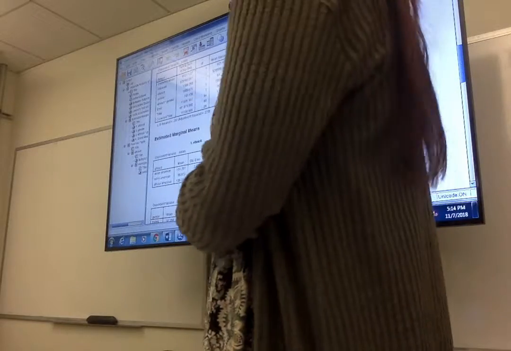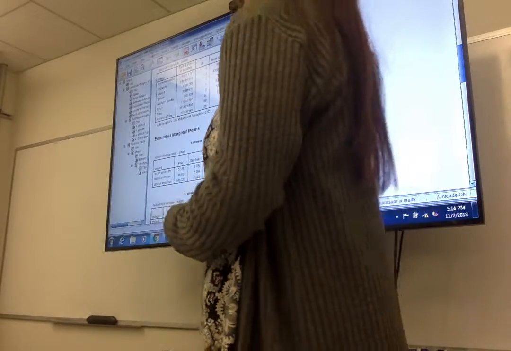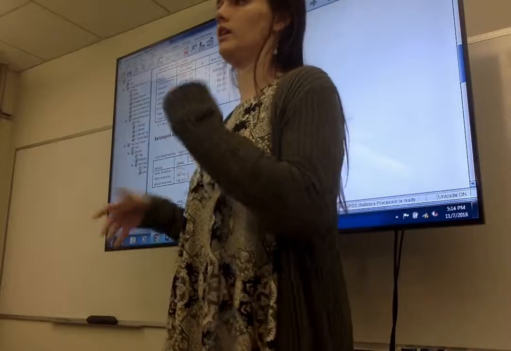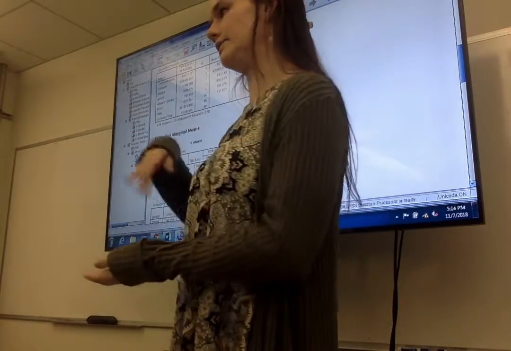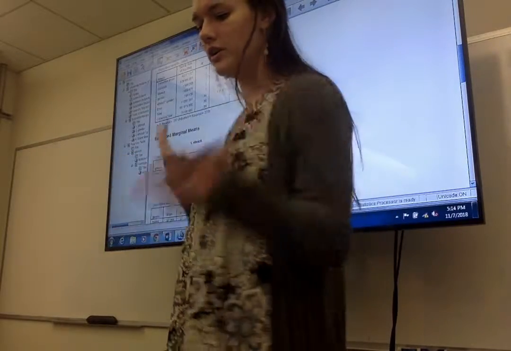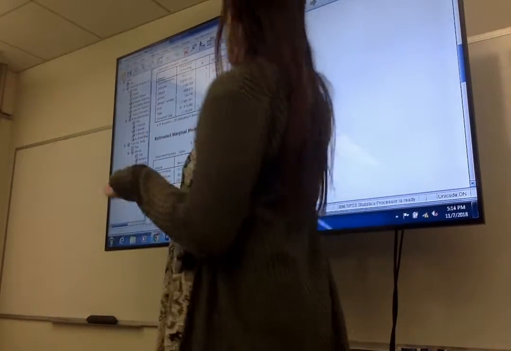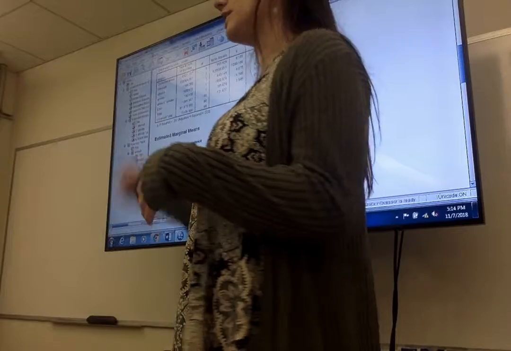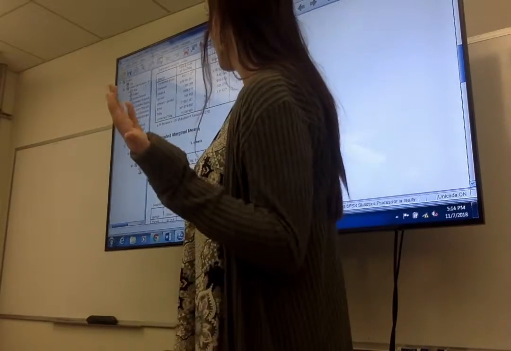So 10.4% of the variation in salary is due to ethnicity. And then alternatively, we can say 15% of the variance in salary is due to gender.